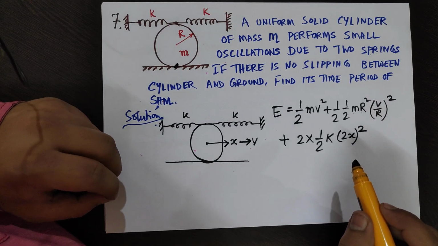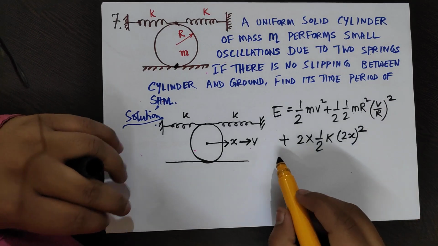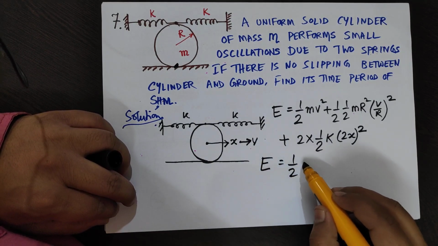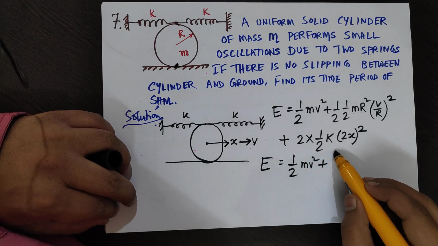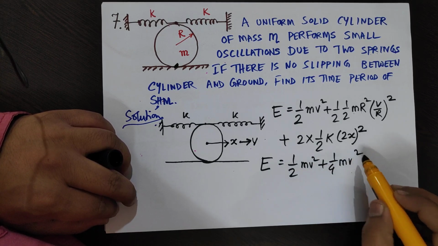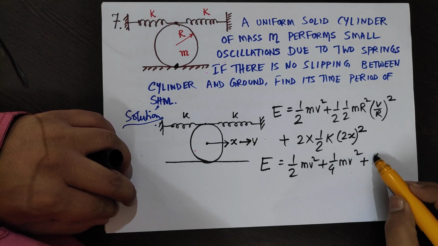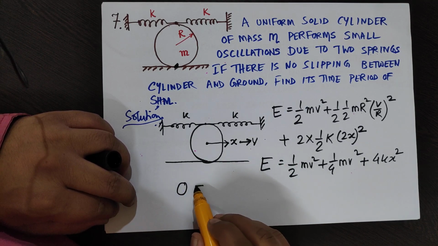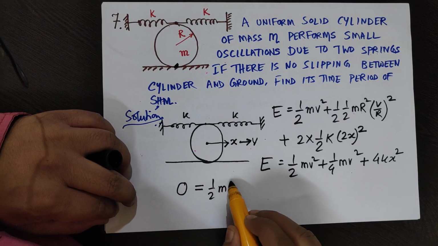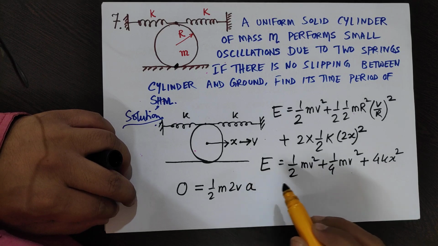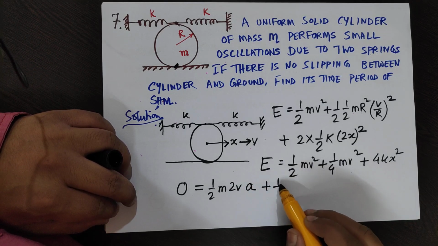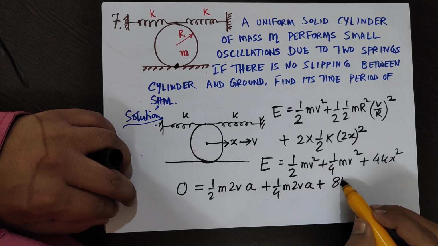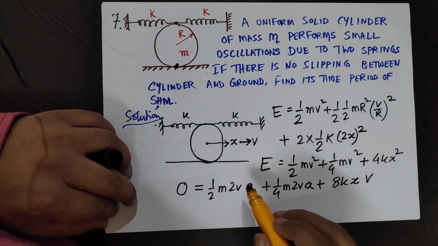Therefore E is equal to half mv square plus 1/4 mv square plus 4k x square. Differentiate E with respect to time, you get 0 equal to half m 2v dv/dt, a, plus again 1/4 m 2v dv/dt, a, plus 8k x dx/dt, which is v.